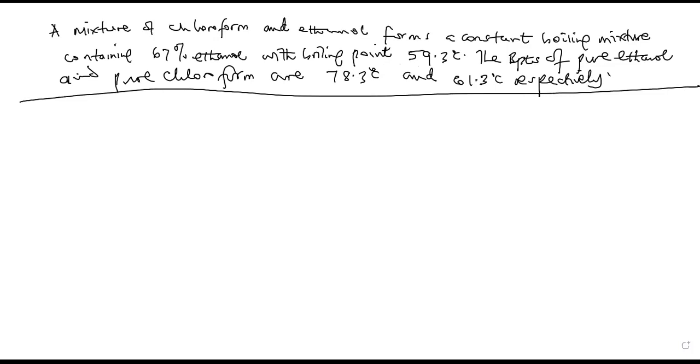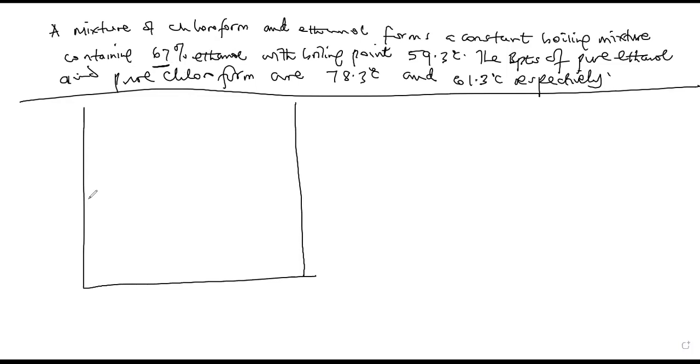Now, the fact that the solution has a minimum boiling point at 67%, that is where we are forming the azeotrope or the constant boiling mixture, means that it deviates positively from Raoult's law. For that particular case, we have the boiling point of pure chloroform, which is 61.3, and here the boiling point of pure ethanol, which is 78.3.